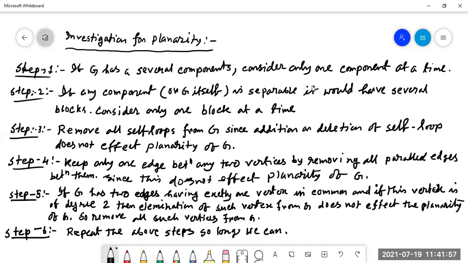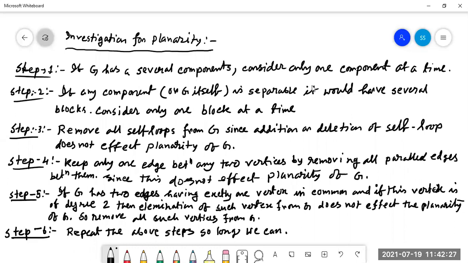If there are many parallel edges, it is not required to take all of them. Only one edge we have to take, so we remove all other parallel edges. Removal of parallel edges does not affect the planarity of G. So we remove the self loops and the parallel edges also.